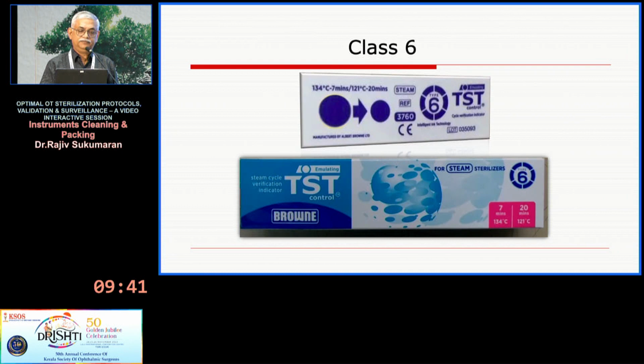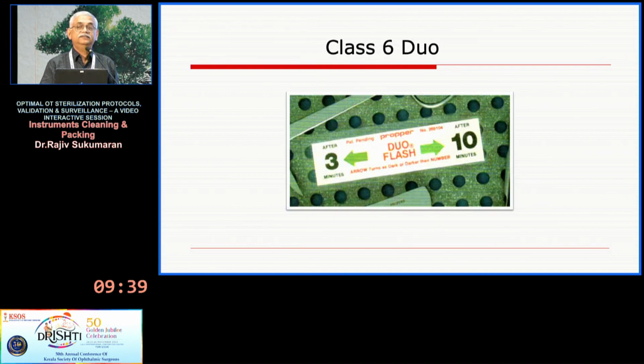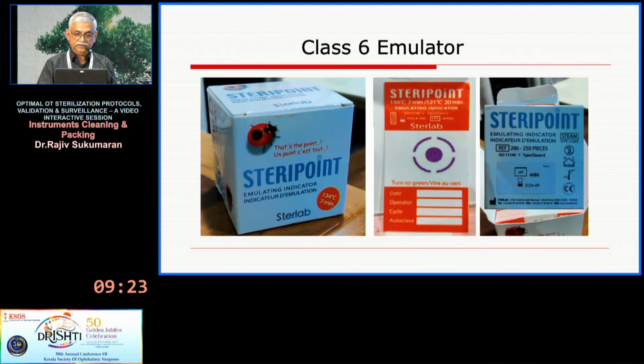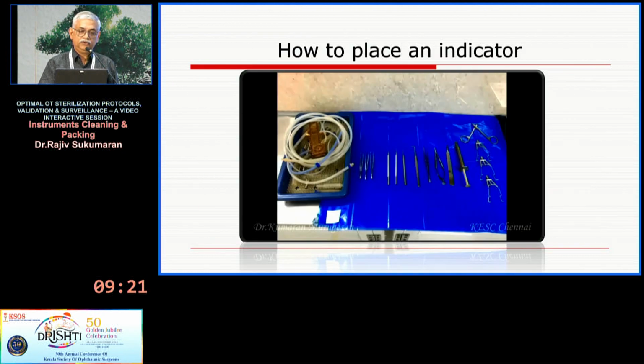So class 6 is a little better, this is a dual indicator, showing whether your sterilization occurred within 3 minutes or 10 minutes. So it's a dual thing. These are the different class 6 emulators available in the market, and the color change also.